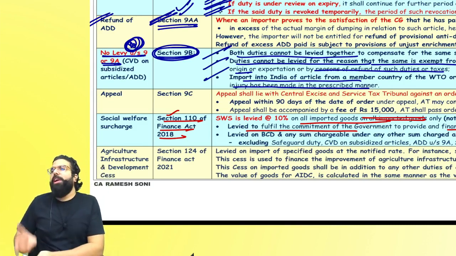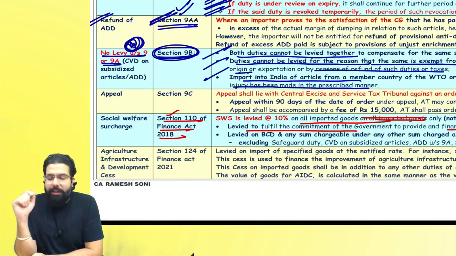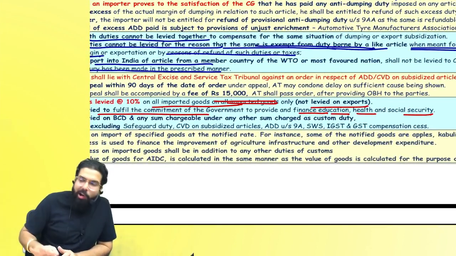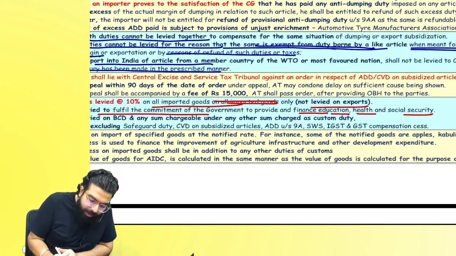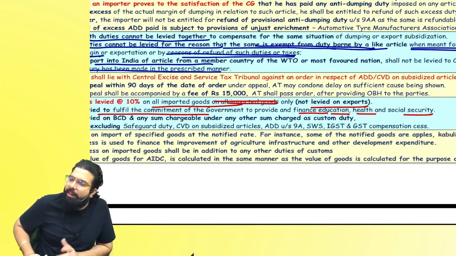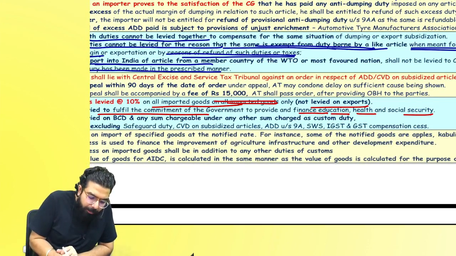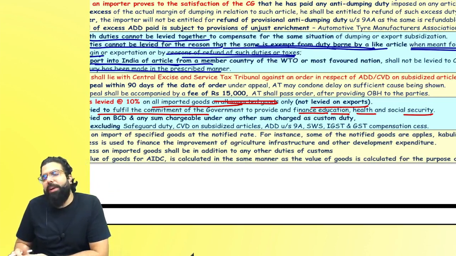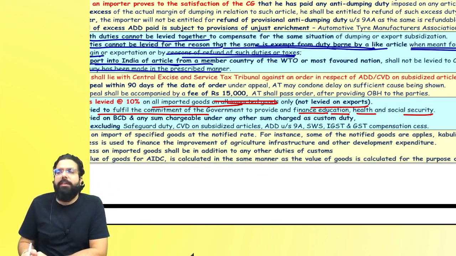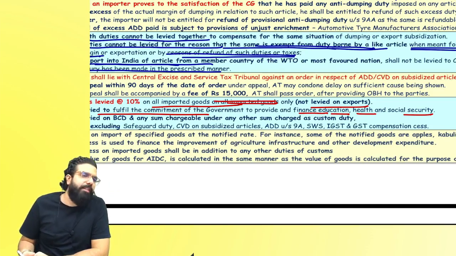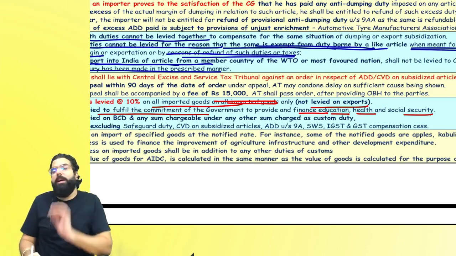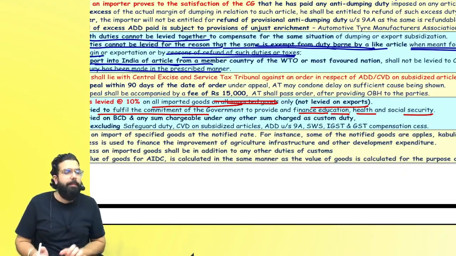Then both duties cannot be levied because the like article is exempted from the duty, or because refund of such duties is given in the origin country, or import of the article is from a member of the World Trade Organization or most favored nation. In that scenario you can't levy anti-dumping duty or CVD on subsidized article unless you determine the CVD or anti-dumping duty in the manner prescribed.